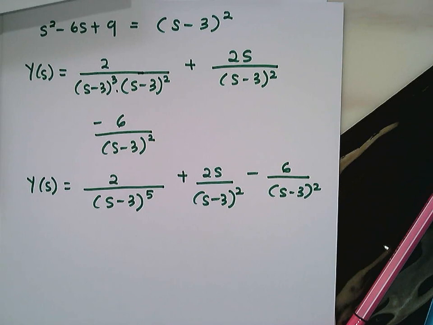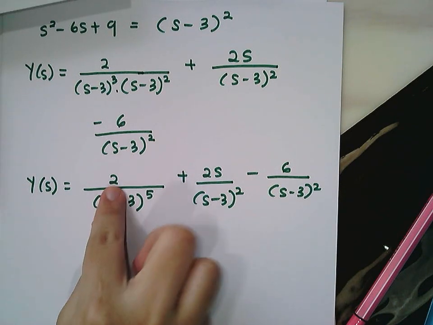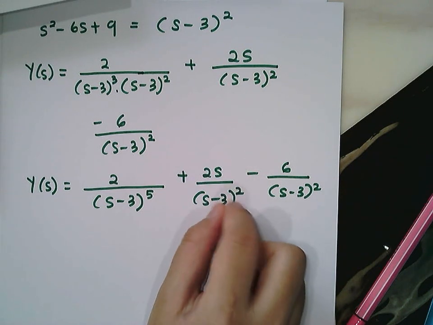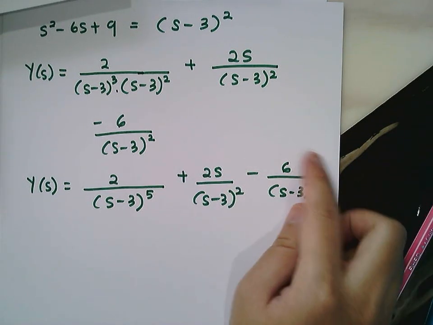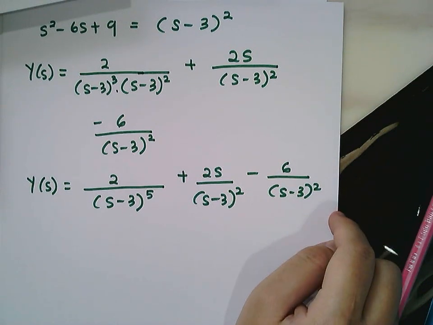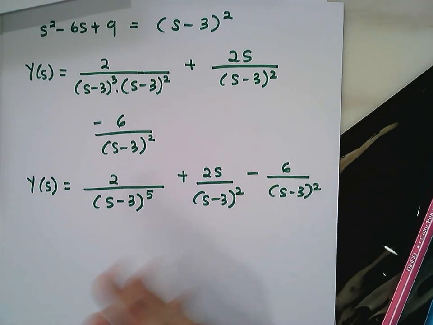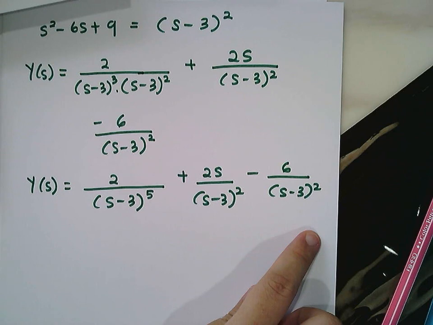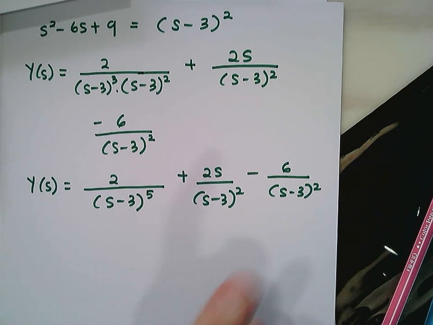So you will have A, B, C, D, E for one function, and another one is A and B for another partial fraction, and the last partial fraction will be A and B also. But as you can see here, you can apply other properties to get the inverse of this one. What is that property? Try to think.